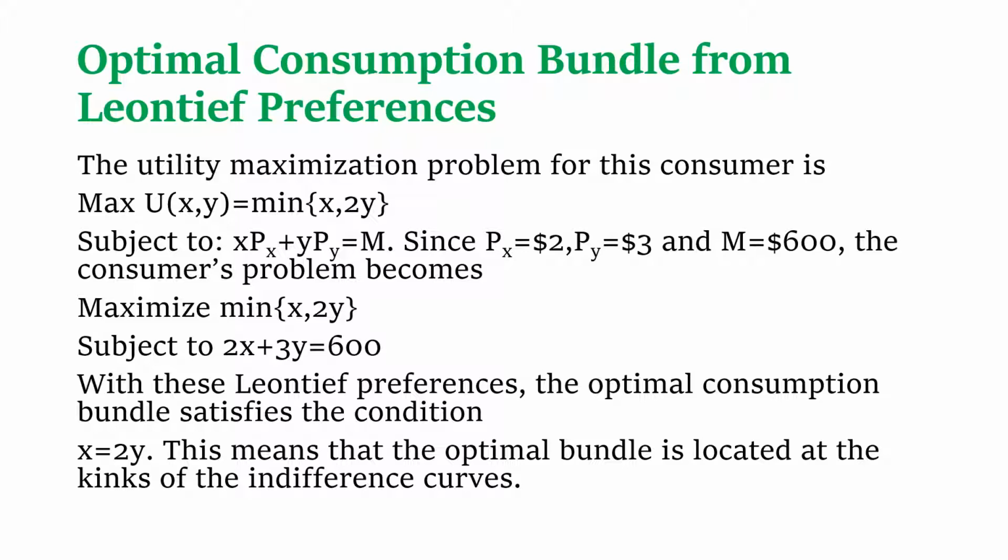So the optimal consumption bundle satisfies that particular condition, and that condition is right on top of the 45-degree line, because that 45-degree line cuts all the L-shaped indifference curves at the kink of the indifference curve. And one of those kinks is tangential to the budget line. And that represents the optimal consumption bundle of the consumer.